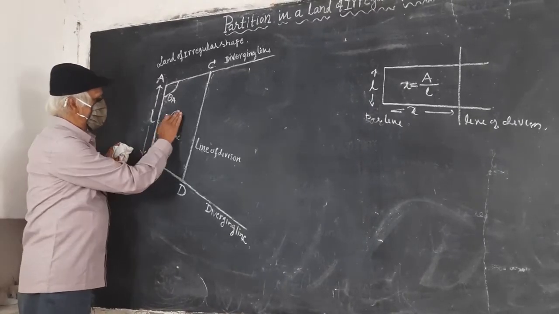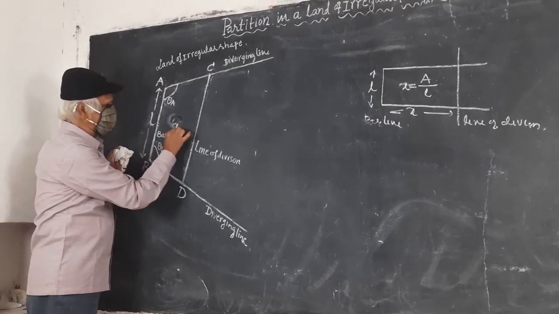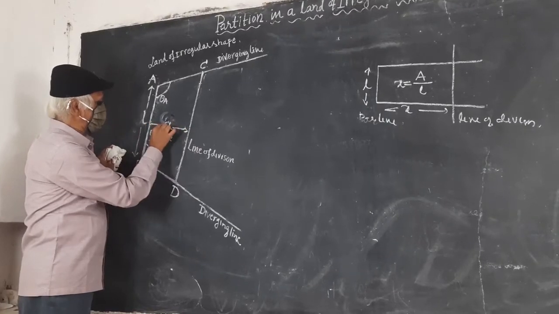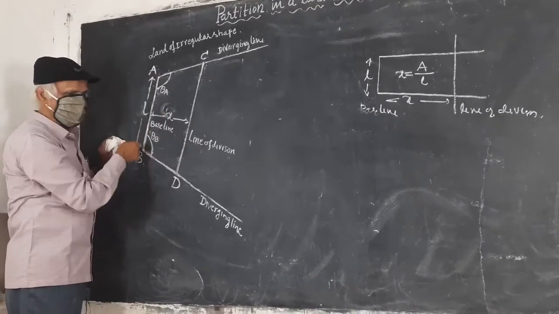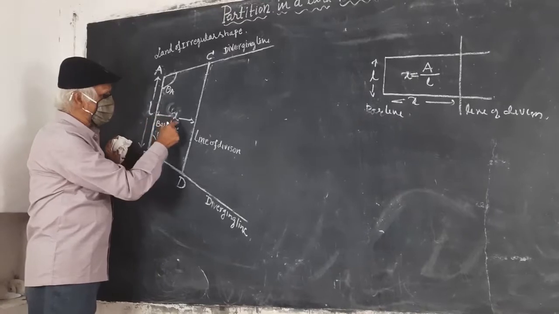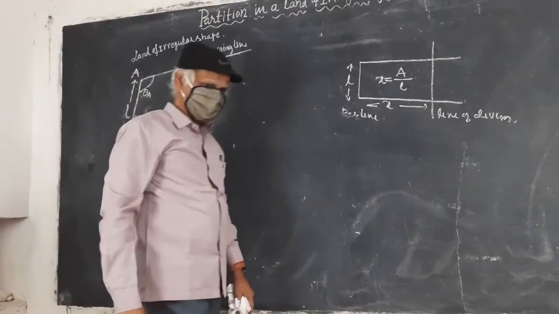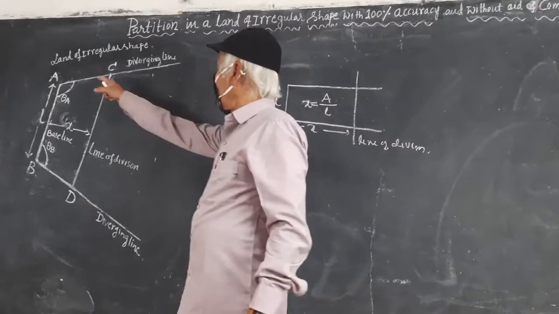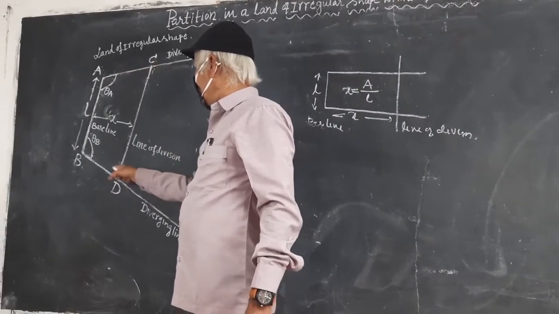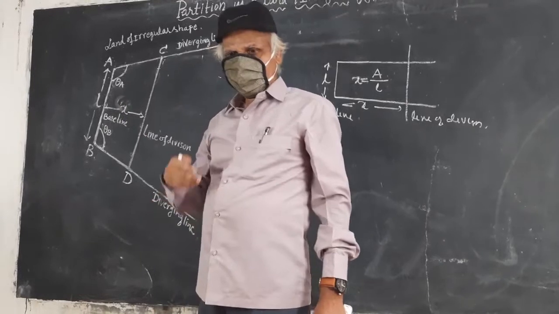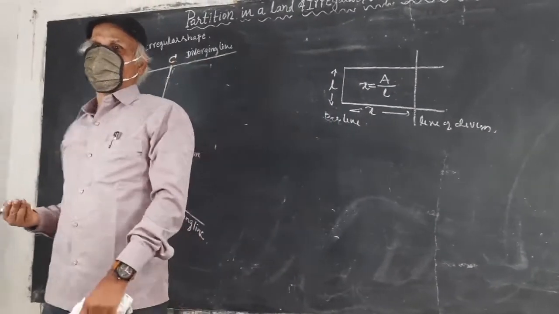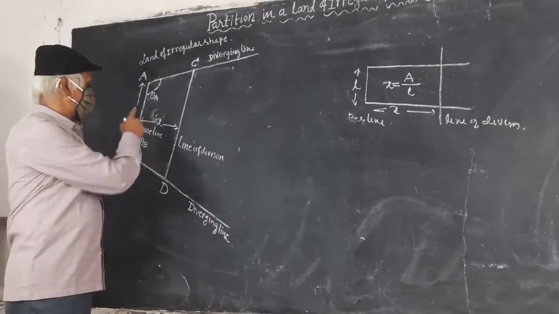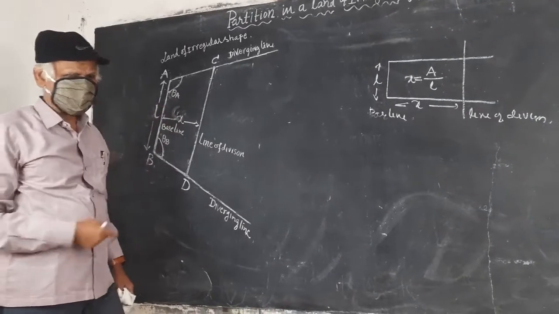Let the perpendicular distance of line of division from the baseline be x. So in this diagram, ACDB is the boundary of the partition area.